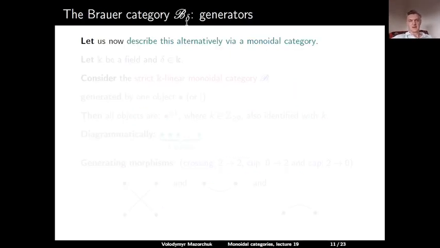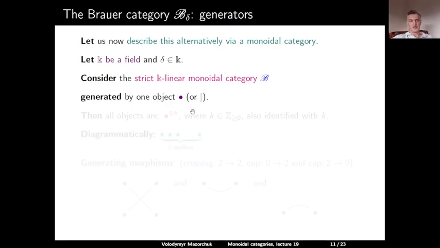So let us now describe an approach to this Schur-Weyl duality via a monoidal category. Let K be a field and delta an element in K. Consider a strict K-linear monoidal category, the Brauer category with the index delta, which is generated by one object. Again, we can use either a bullet or the vertical line.